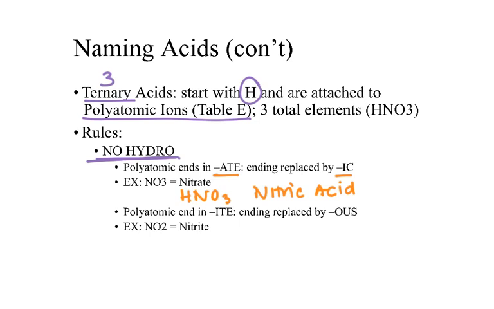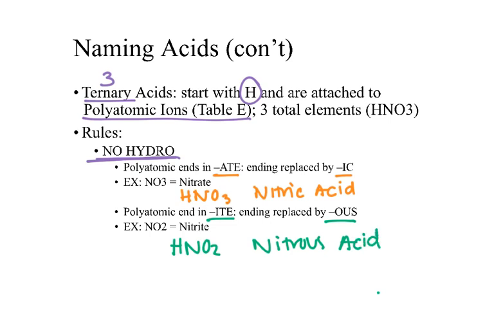Now, for our polyatomic ions that end in ite, we're going to change the ending to -ous. So we have nitrite. So if I had HNO2, we would have nitrous acid. Okay, so a little bit different than naming binary compounds.